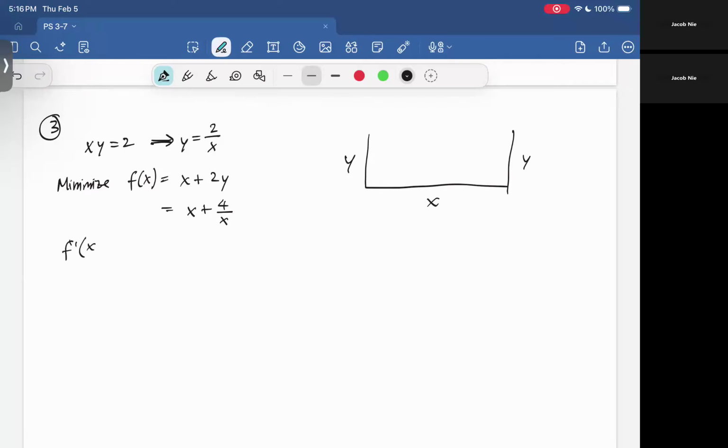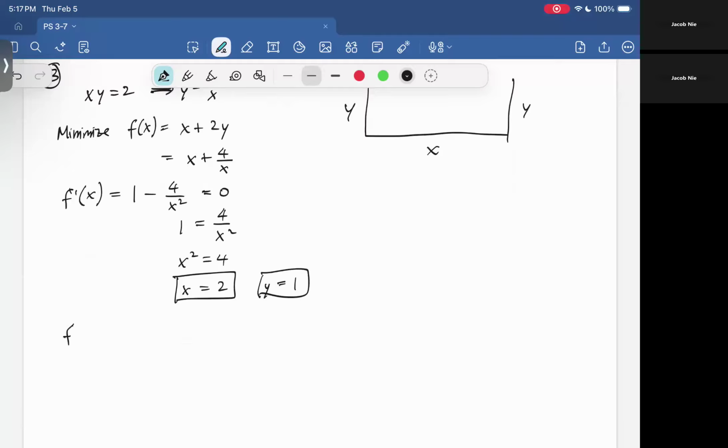So to minimize that, we'll take the derivative and find the critical points. The derivative will be 1 minus 4 over x squared. Okay. And to set that equal to 0, we'll find the critical points. 1 equals 4 over x squared, so x squared equals 4, x equals 2. And if x equals 2, then that means y equals 1, because y is 2 over x.